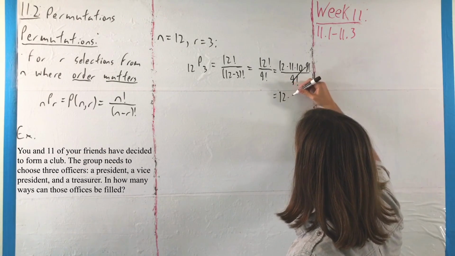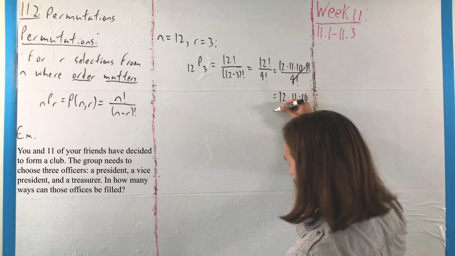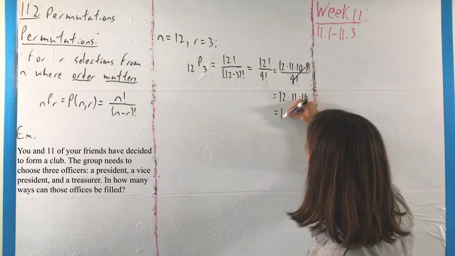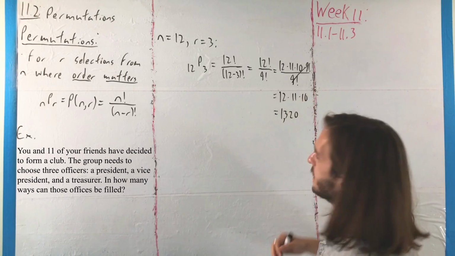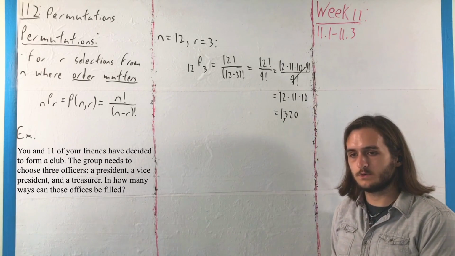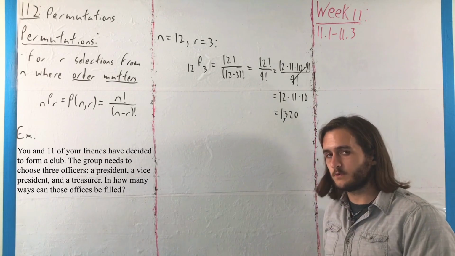We'll just get 12 times 11 times 10, for a total of 1,320 possible arrangements of those 3 people from that group of 12.